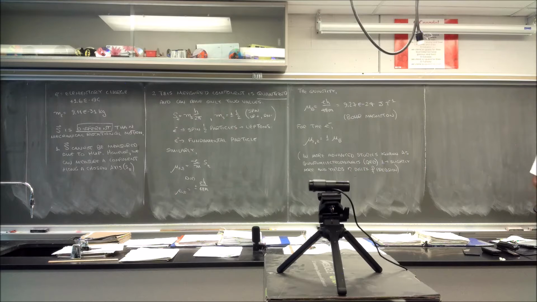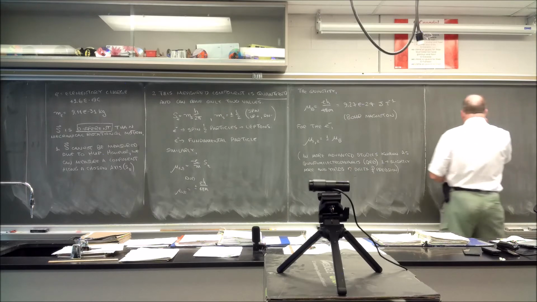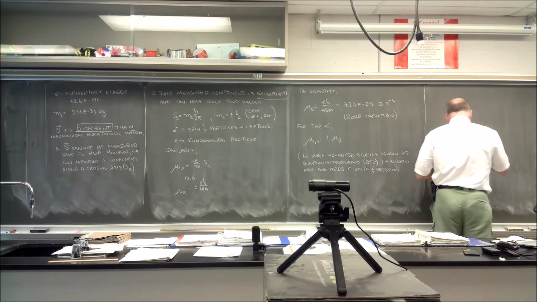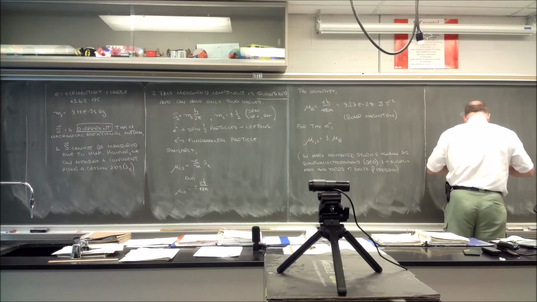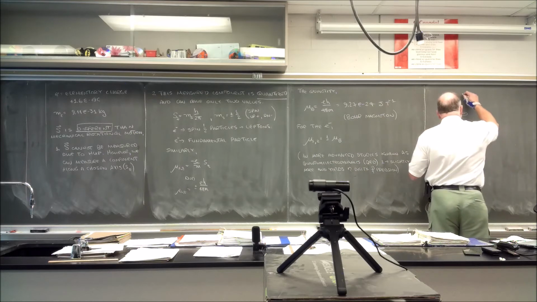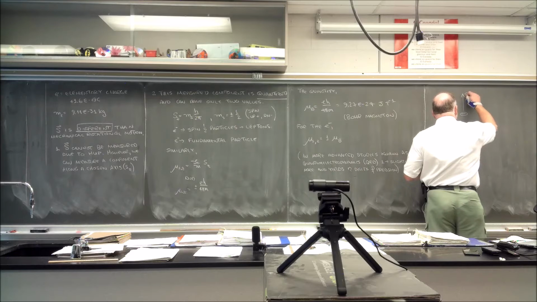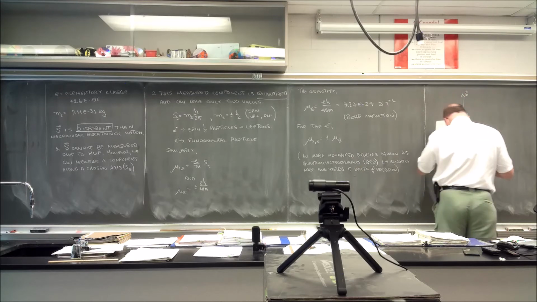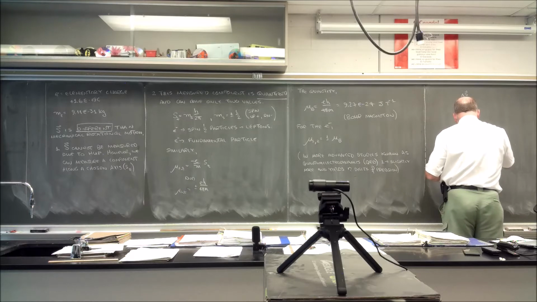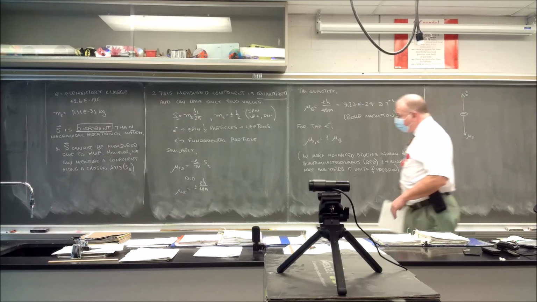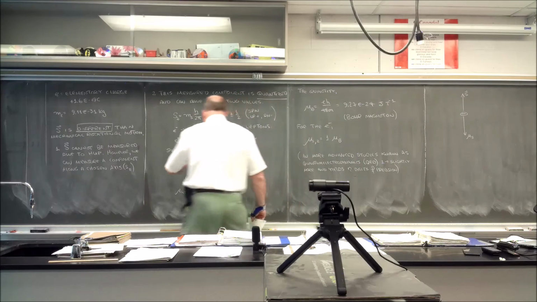So if we take a particle like an electron here, and our spin vector is oriented this way, our mu sub s is going to be going the other way because of the negative sign here.